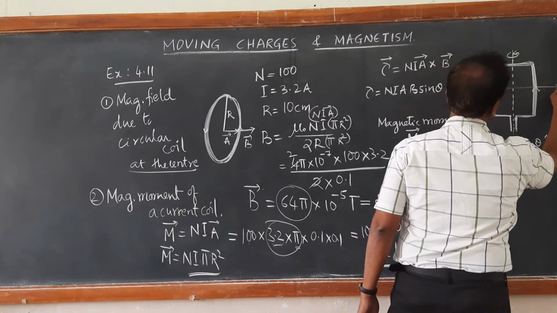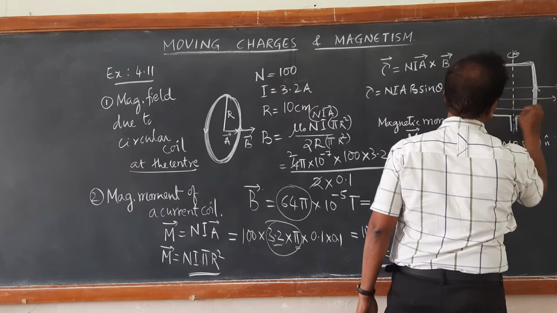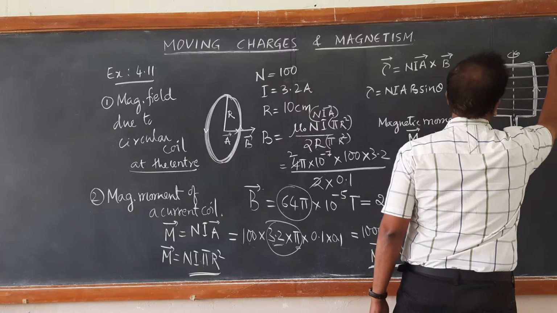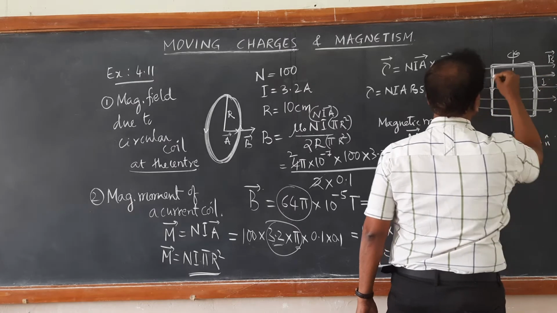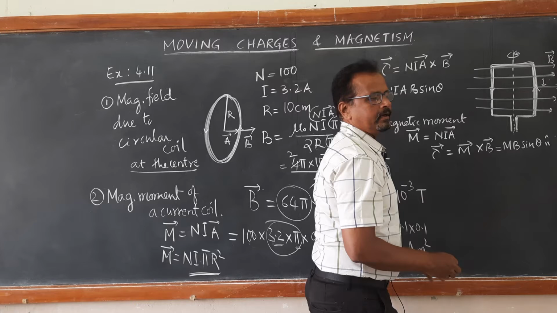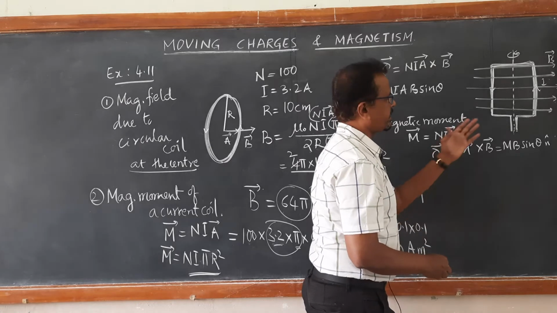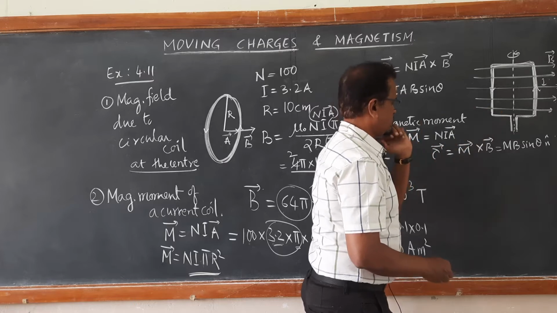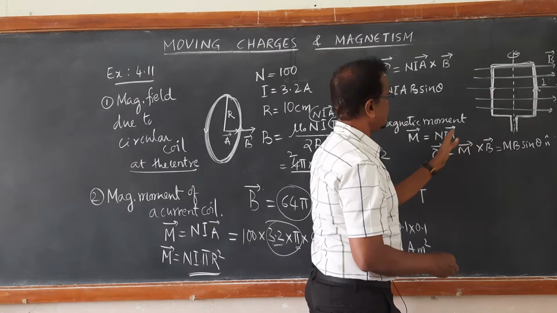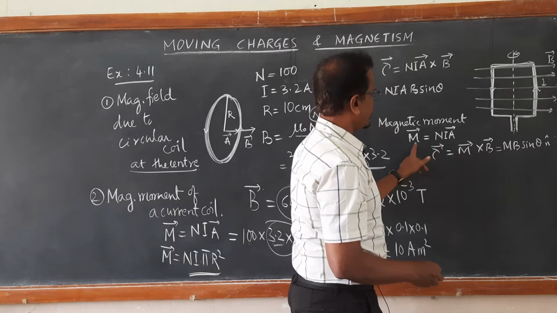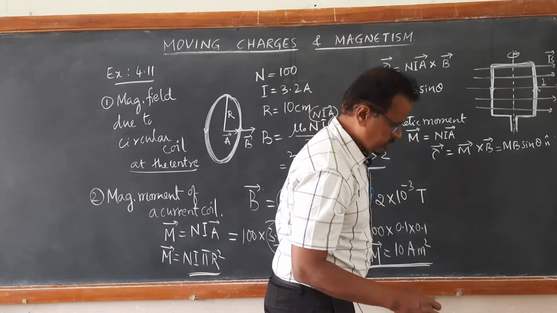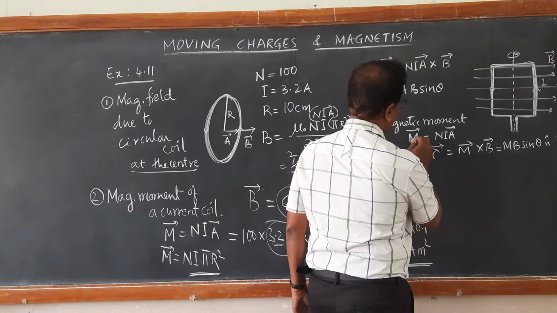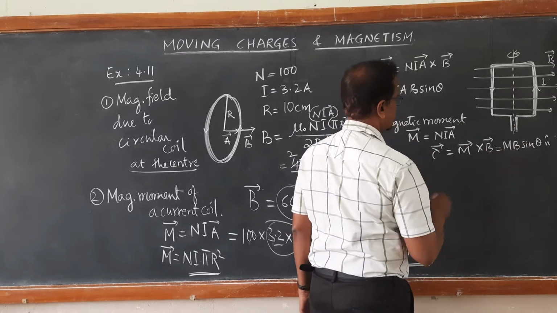This is the uniform magnetic field B, and the coil carrying N number of turns carries current I. So the magnetic moment of this coil is M equal to NIA. Therefore, torque equals M cross B, which is written as MB sin theta.